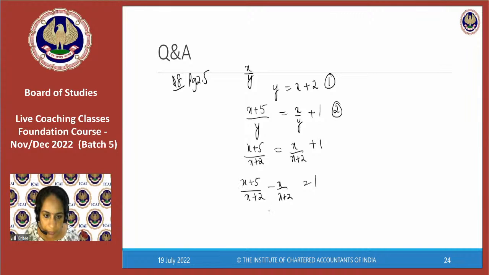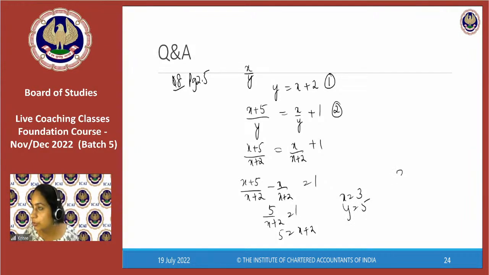So this becomes 5 upon x plus 2 equals 1. 5 is equal to x plus 2. x is equal to 3, and y is equal to 5. So your answer is 3 by 5, which is part D. And I hope that solves your problem, Raghav.